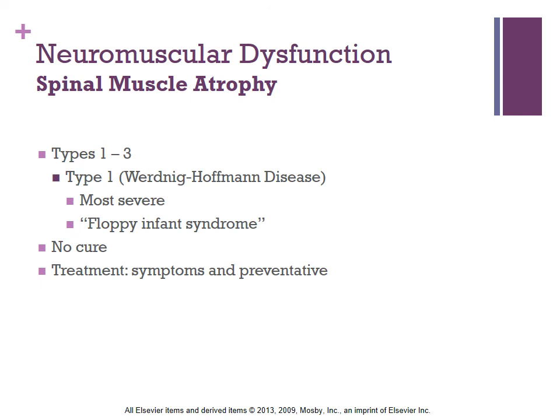So they're going to have progressive weakness and wasting of the skeletal muscles. That's what causes them to be so floppy. And this occurs with swallowing, I mean, any type of skeletal muscle you can think of. So they may be on a BiPAP machine at home to keep them from obstructing while they sleep. And then nutrition, they usually have a G tube, so you would just teach them about that.